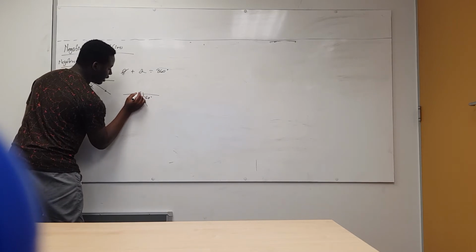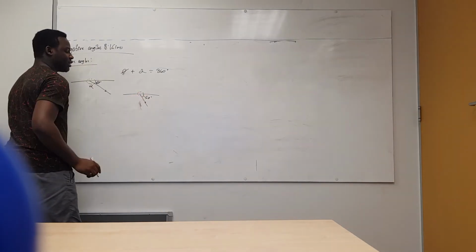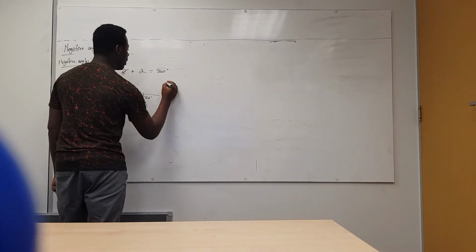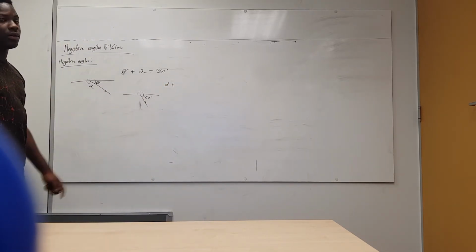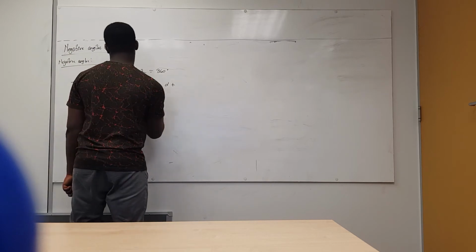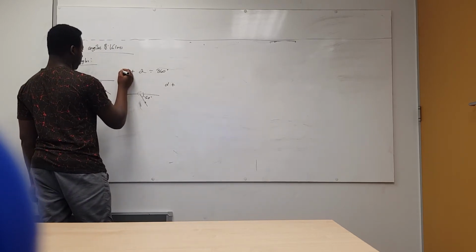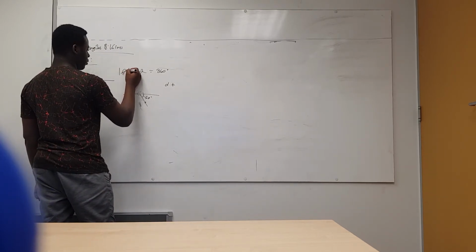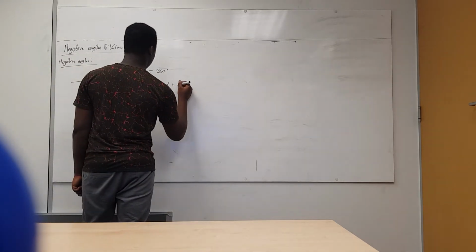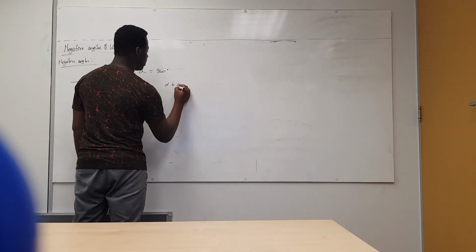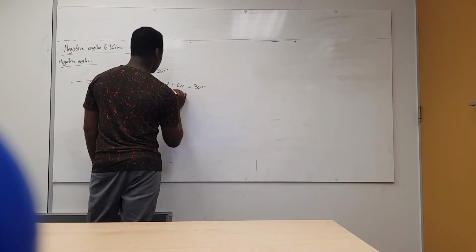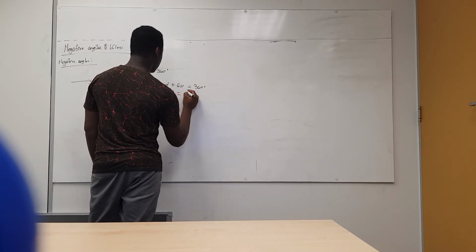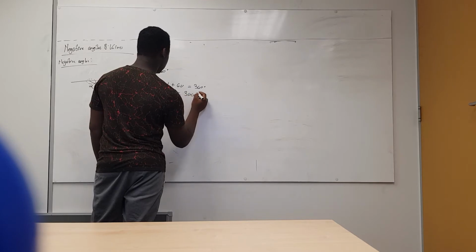We know that this angle plus 60 equals 360. So alpha plus the absolute value of the angle, plus the absolute value of 60, which is 60, is equal to 360 degrees. Alpha is equal to 300 degrees.